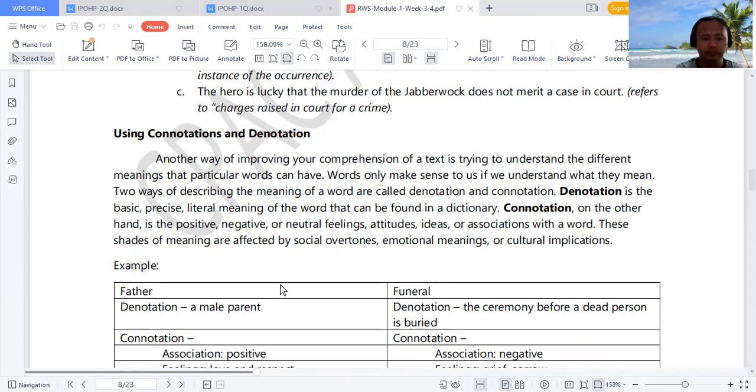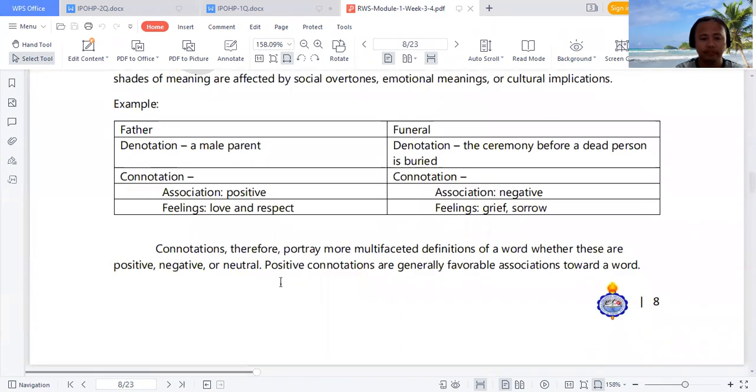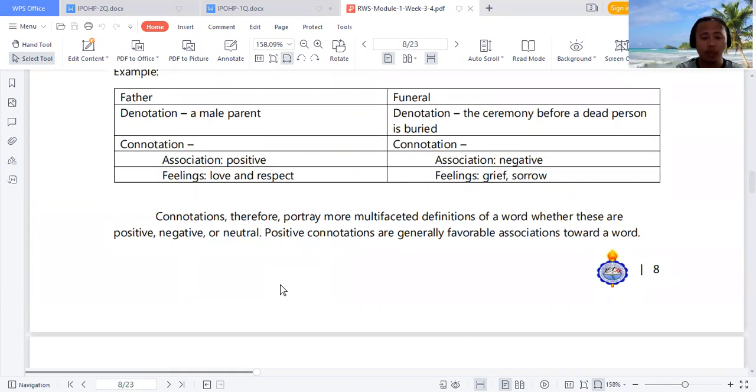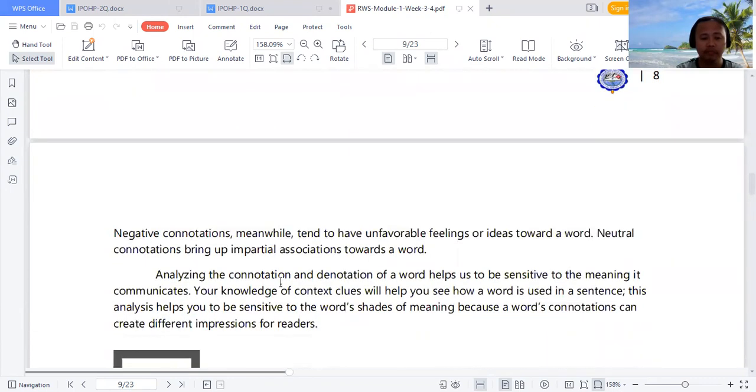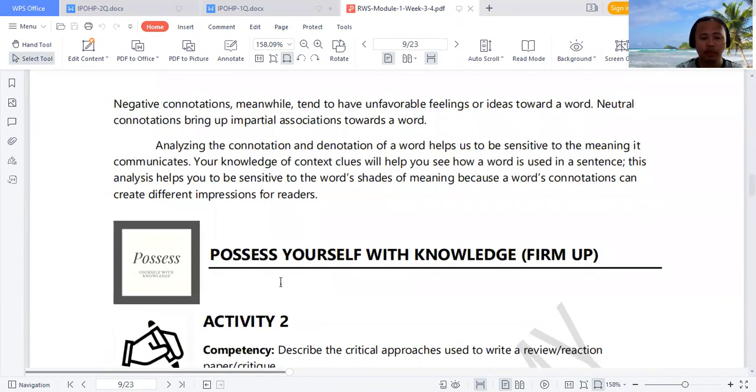Connotations portray more multifaceted, meaning diverse, definitions of a word, whether positive, negative, or neutral. Positive connotations are generally favorable associations toward a word. Okay, so we're done here.